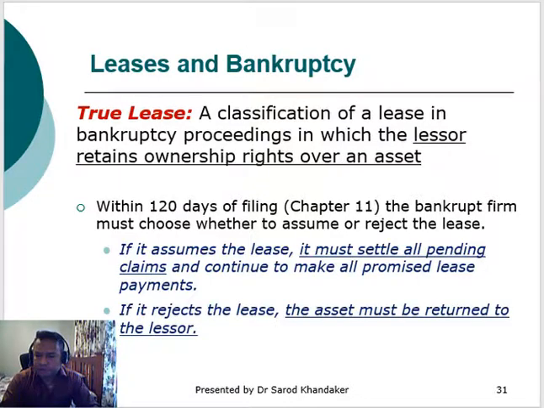So how will it be done? If it assumes the lease, it must settle all pending claims and continue to make all promised lease payments. They want to make sure that it is a lease, so they need to continue with the lease payments. If it rejects the lease, the asset must be returned to the lessor. Hopefully you understand this part as well.